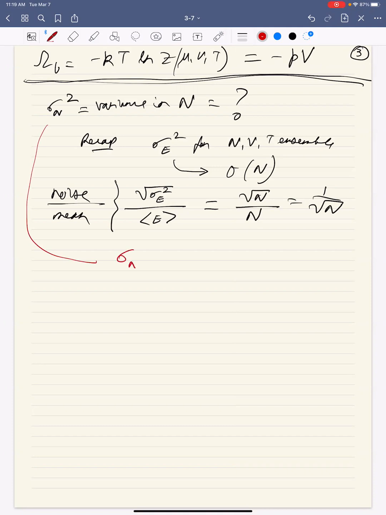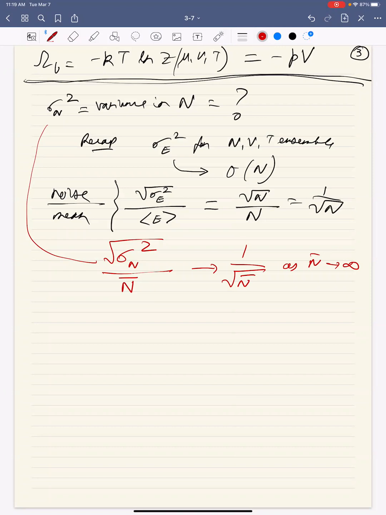We will see that the square root of sigma N square, the standard deviation of N, divided by the mean of N, also goes as 1 over square root of N as N bar tends to infinity. Which means if you are going to use a grand canonical ensemble to calculate the average number of particles, the number of particles will fluctuate, but the fluctuations will become smaller and smaller with respect to the mean. And this all happens due to the central limit theorem. That's why it keeps happening all the time.